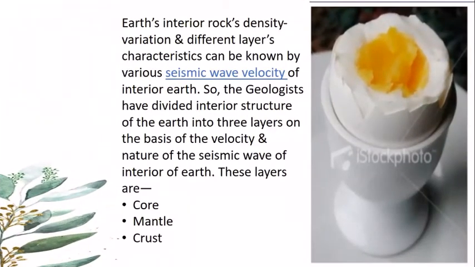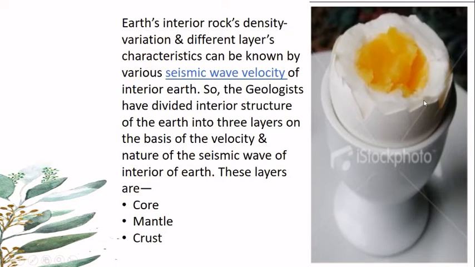Here is how the earth's layers are similar to an egg. If we compare the earth's layers with an egg, the shell, the outermost portion, is the crust, the egg white portion is the mantle zone, and the yolk, the yellow portion, is the core.